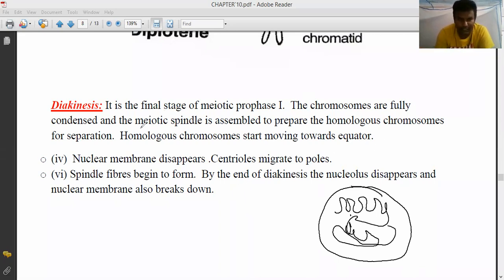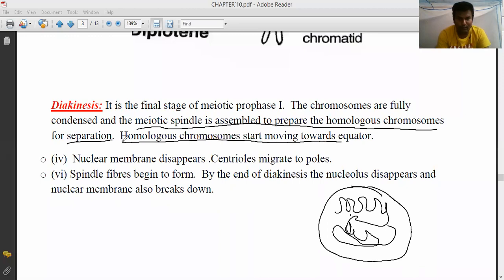The chromosomes are fully condensed, and the meiotic spindle is assembled to prepare the homologous chromosomes for separation. See, meiotic spindle fibers start growing. They all come together to prepare the homologous chromosomes for separation. So with the help of spindle fibers, homologous chromosomes start separation.